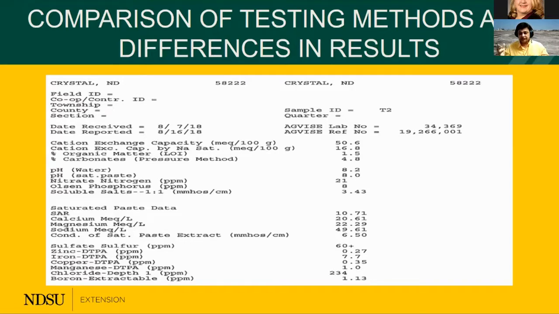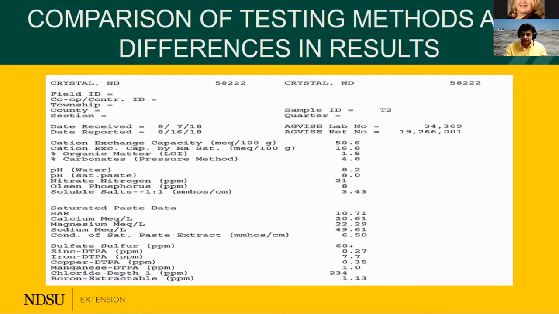So you see the difference, 3 times more CEC through the summation or addition method. If we look at the water-soluble salt results, the common method is 1:1, 3.43. Saturated paste method, 6.5. If you ask me what I should plant at 3.43, if I don't know what method was used, I would say maybe barley or oats. But if I look at 6.5, I would say no, perennial grasses, because you won't even profit from barley and oat crops.